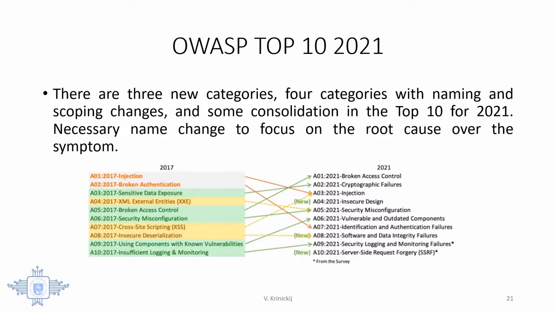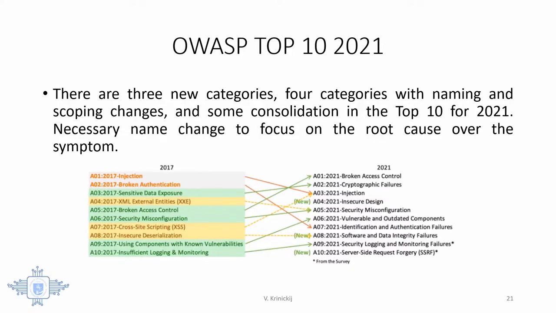Additionally, we have new categories like software and data integrity failures and server side request forgery, which is something to discuss maybe in the future. Others from 2017 were connected to minimize the representation of what the OWASP Top 10 wants to give to you.